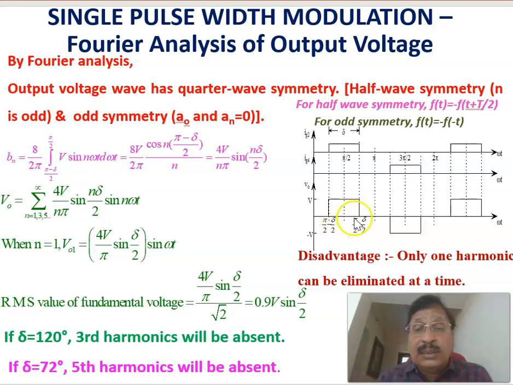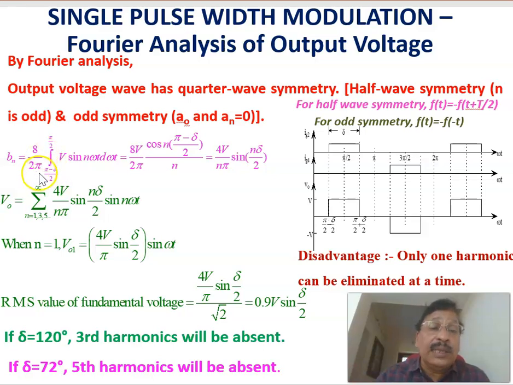You have to see what this limit is: pi by 2 minus delta by 2 is the lower limit, and the upper limit is pi by 2 plus delta by 2. Here we take the upper limit at this point because we are taking only half of it, and that is because of the odd symmetry as well as half wave symmetry, multiplied by 8 by 2 pi.